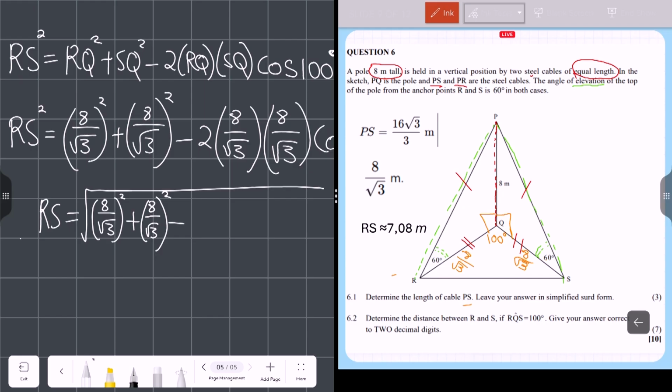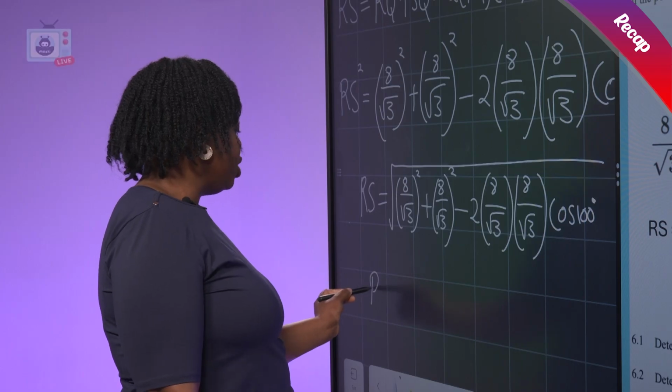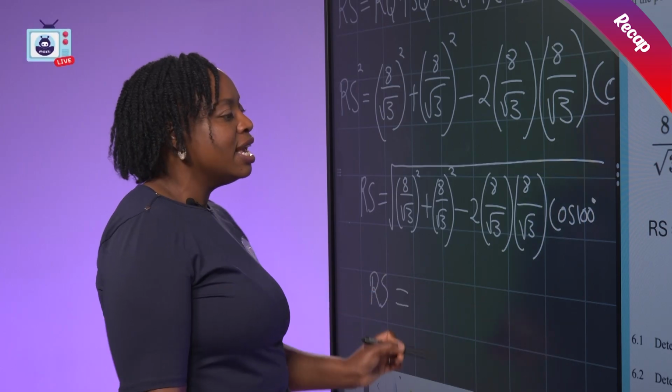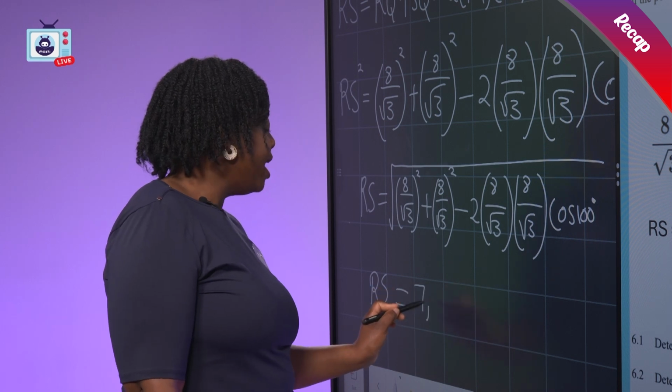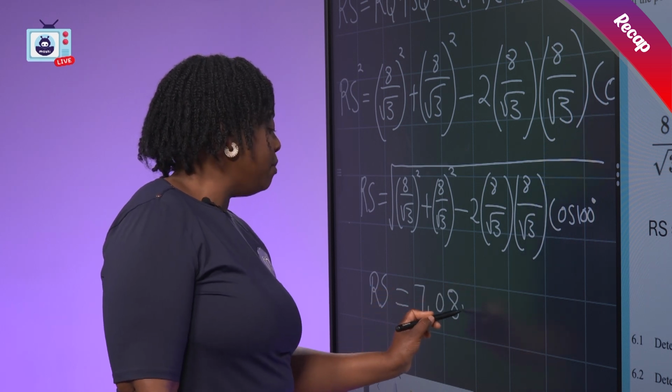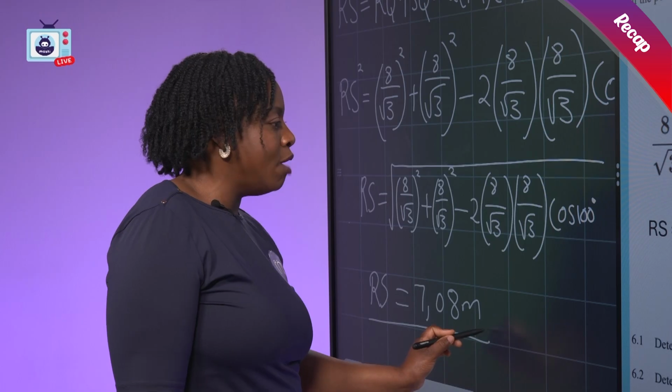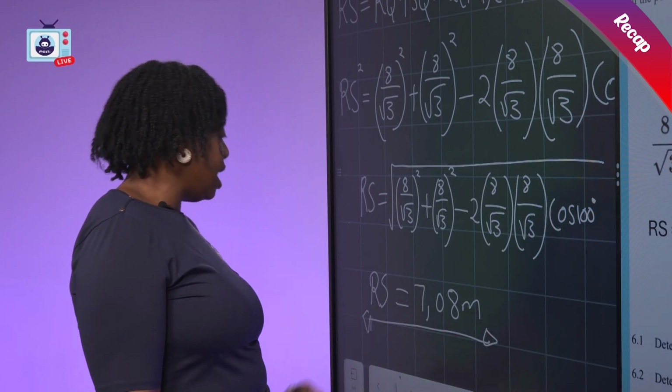Square them. Remember the minus before 2, and you write your 2. Then you have 8 divided by root 3 and 8 divided by root 3 multiplied by cos of 100 degrees. When you add this all and use the calculator properly, you're going to land at 7,08 meters. So that should be your final answer for this question.